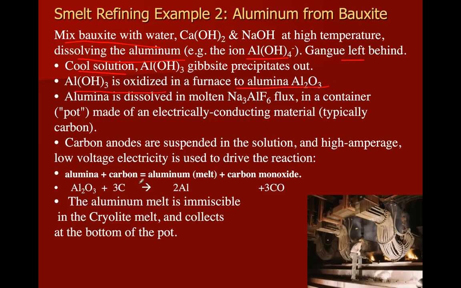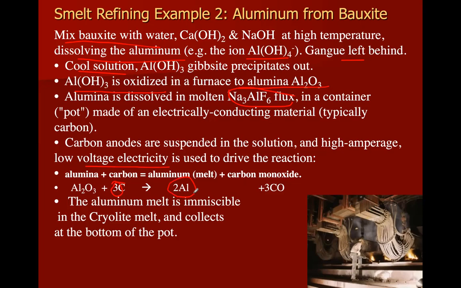Then this alumina is dissolved in molten flux, sodium aluminum fluoride, just to act as a flux here. It acts with the carbon anode, the carbon electrically conducting material. When low voltage electricity passes through, aluminum is precipitated, right?